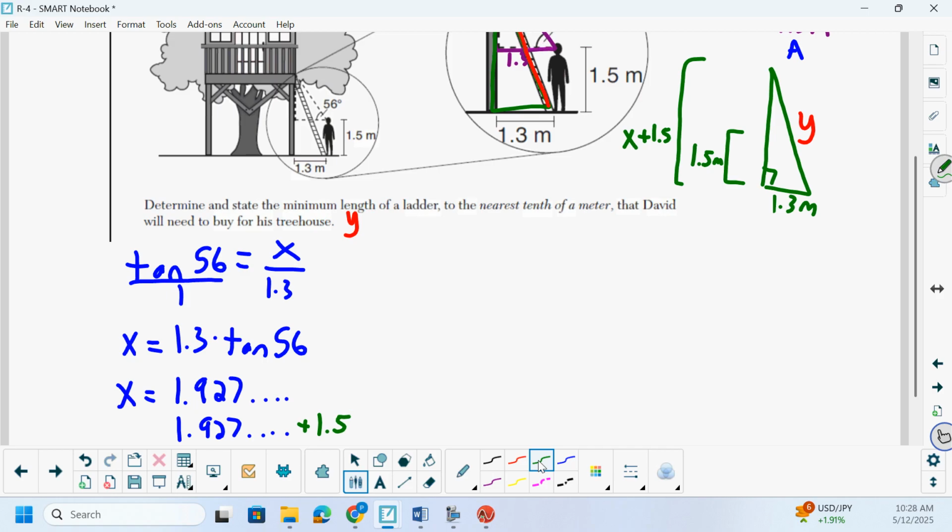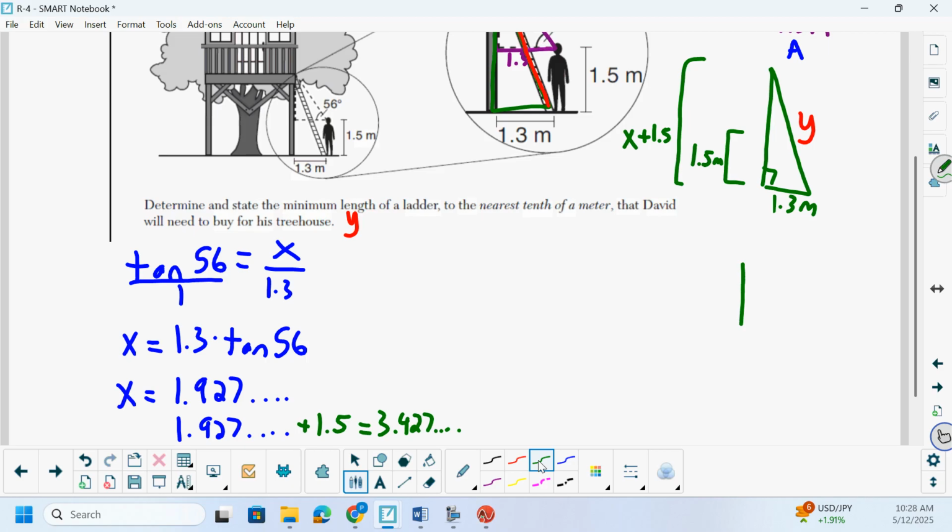So let's take our answer that we have in the calculator currently, and let's go ahead and add 1.5 to that, and we'll give you 10 seconds to do that. And that should give us 3.427 and change.